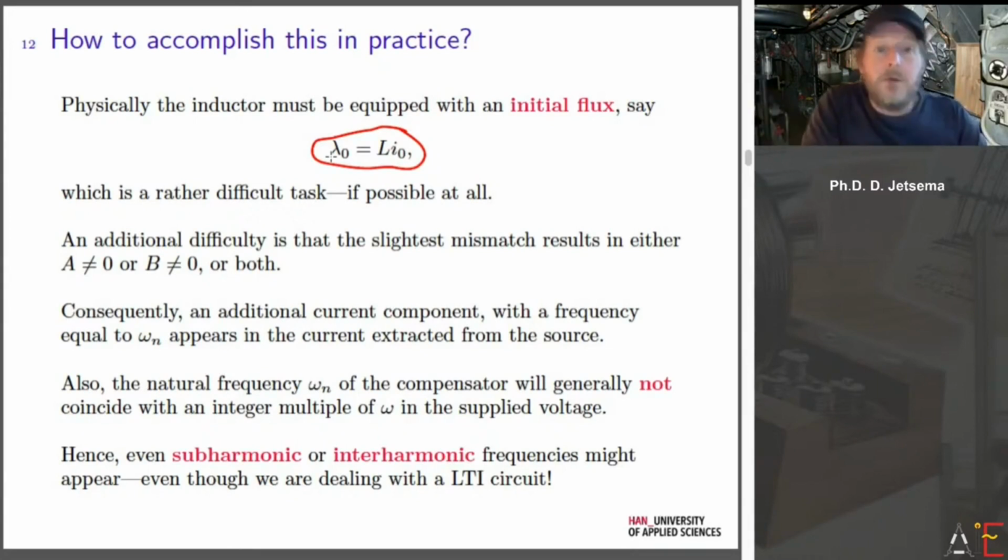And the problem is that any slightest mismatch will result in A and/or B not being equal to 0. Then you will have this extra current component in your filter, which might make the situation much worse than before compensation.